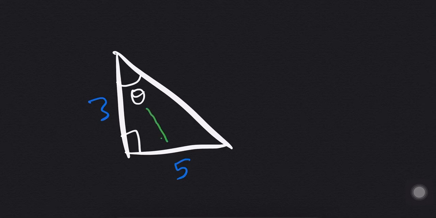This is my O because it's opposite to the angle, and opposite to the right angle here, I have my H. So the only thing that I do not have is my A. So I have my H here, my O, and my A. But you do not have the H, you only have the A and the O, because I only gave you 5 and 3, and that happens to be the opposite and the adjacent side.